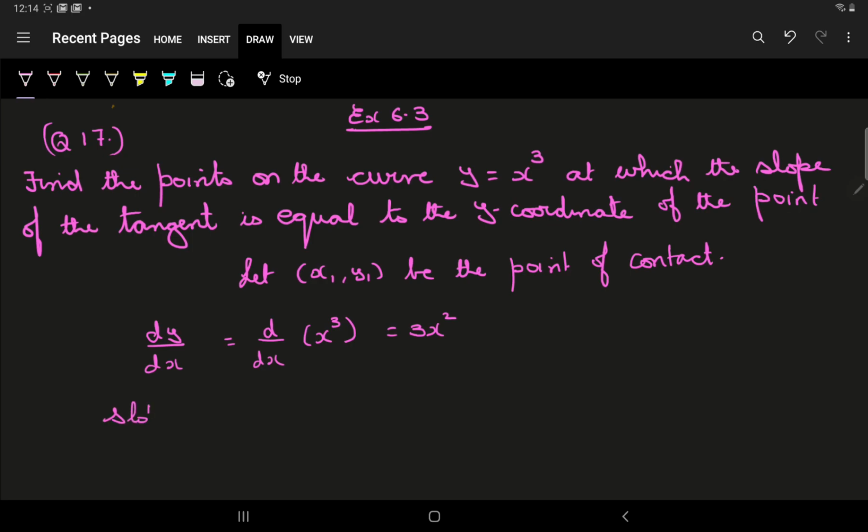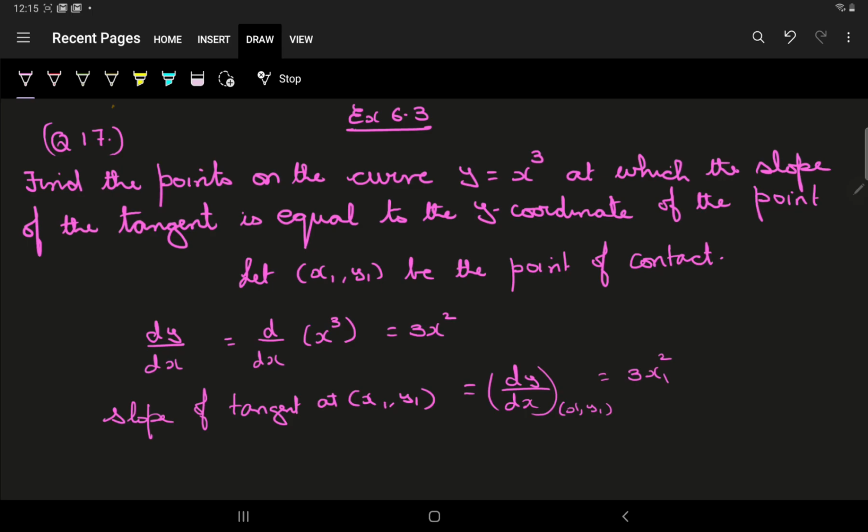Slope of the tangent at the point of contact x1 y1 is same as dy by dx at x1 y1, which is equal to 3x1 square.